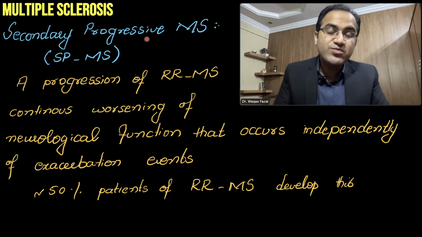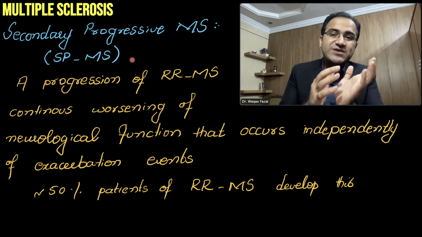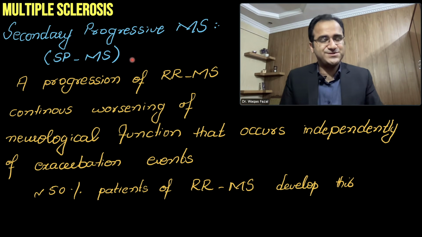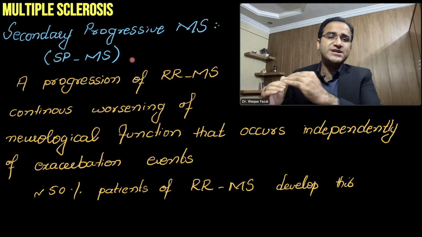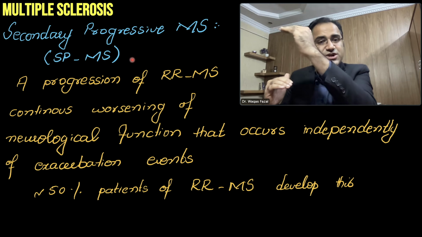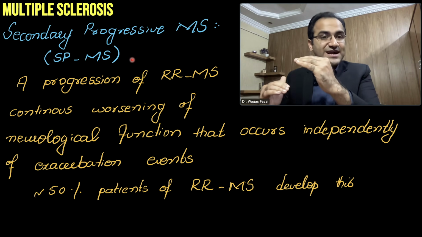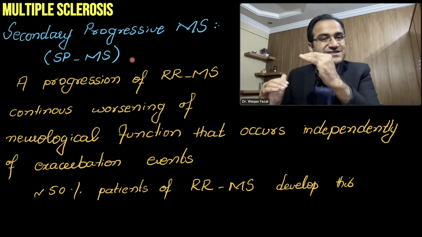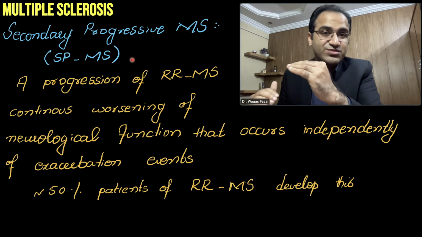Now coming to secondary progressive multiple sclerosis. Most patients of relapsing remitting disease ultimately develop secondary progressive multiple sclerosis. In secondary progressive multiple sclerosis, basically what happens is that if the patient gets a relapse of the disease, after that relapse the patient does not completely recover. There is some residual neurological deficit left after the exacerbation.